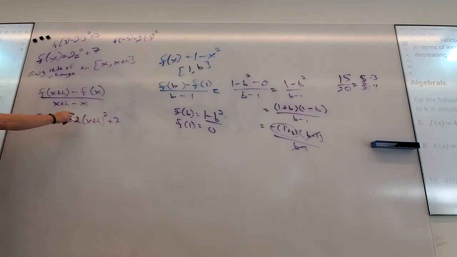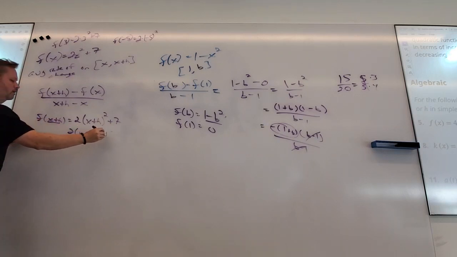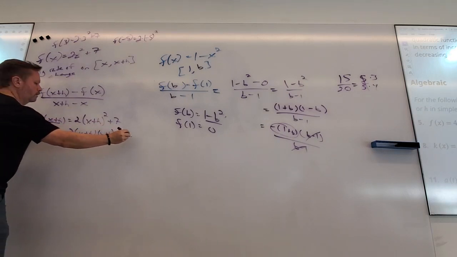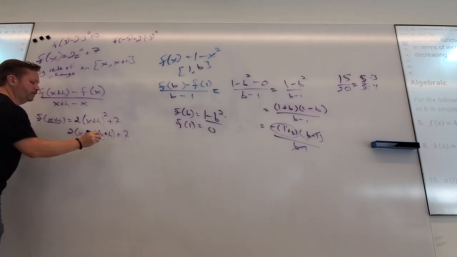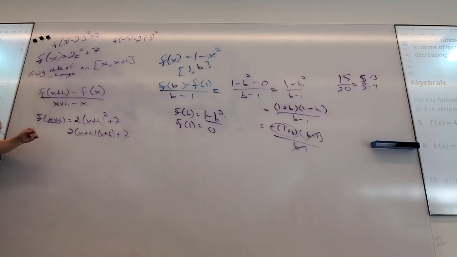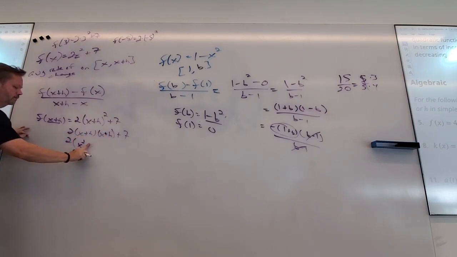Do I distribute the 2? No. Hell no, because that's below exponents in the good old order of operations. So what do I have to do? X plus h squared, or x plus h times x plus h. You can write it twice, because that's what square means, right? So then I square that out, x squared plus hx plus another hx, so plus 2hx, and then plus h squared.